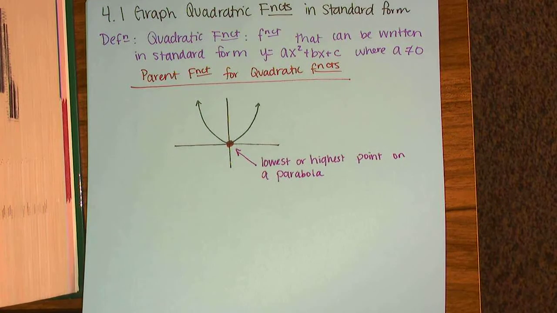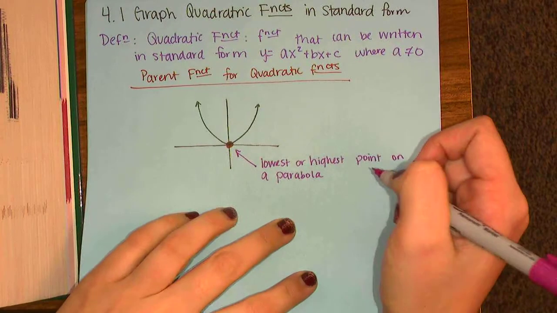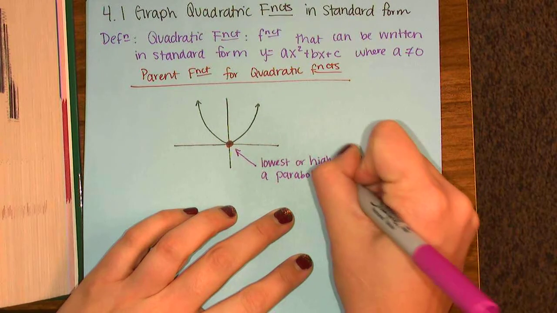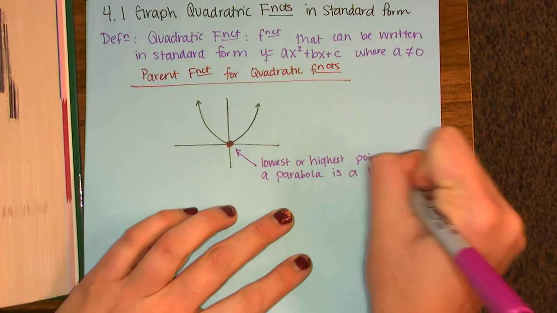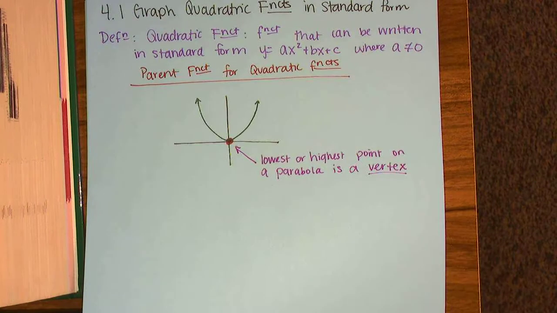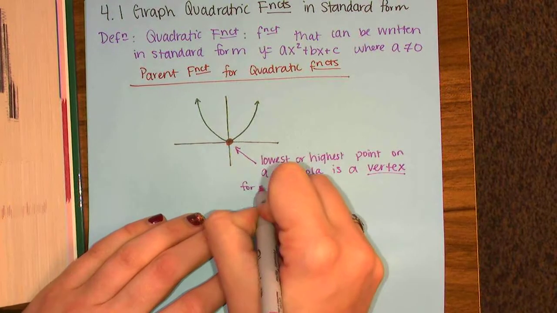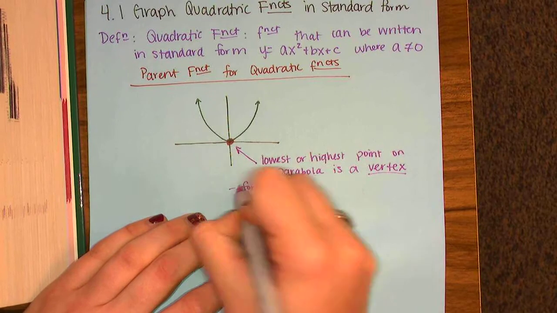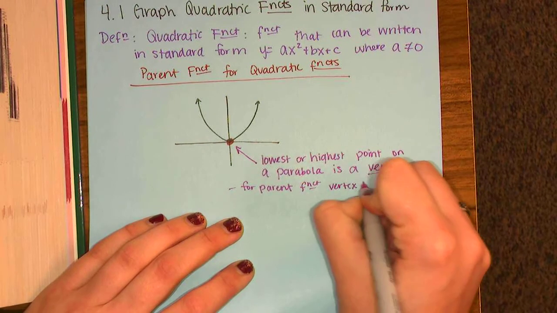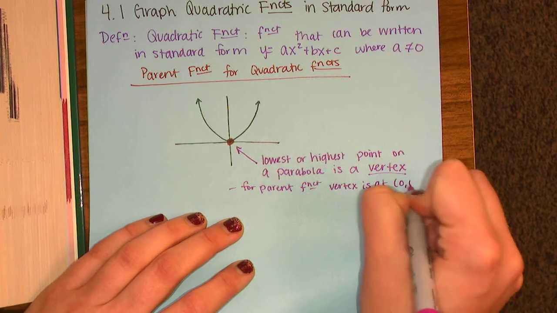The graph of a quadratic function is a parabola. The lowest point on it, or the highest point as the case may be, of a parabola is a vertex. For the parent function, the vertex is at 0, 0.